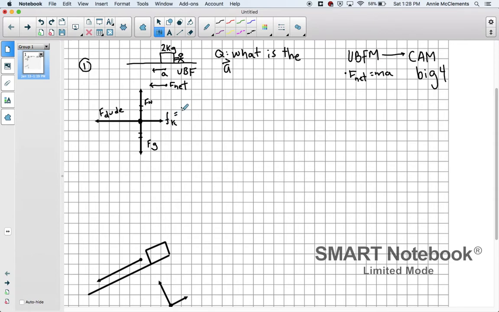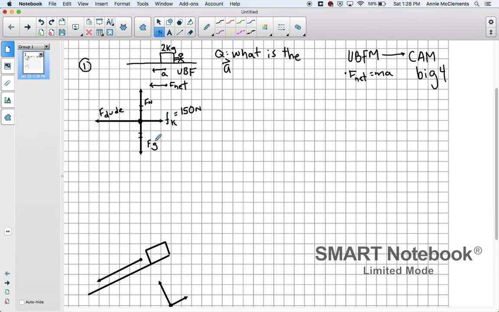Let's say, to make it simple, I'm just going to give you the friction force. I'm going to say there's a friction force of 150 newtons acting on this box. Now, if I had given you the mass, and if I gave you the friction coefficient, you could solve for friction using a couple steps.